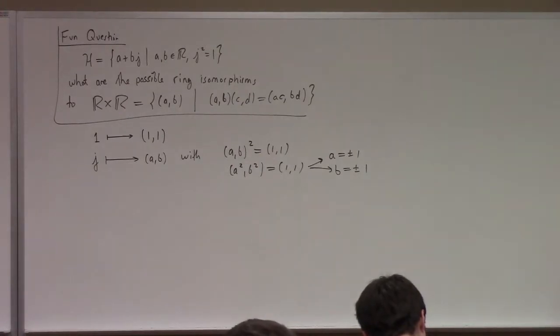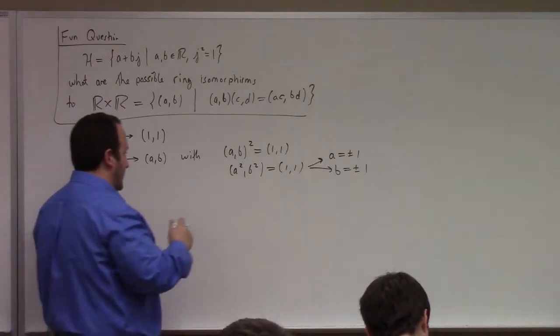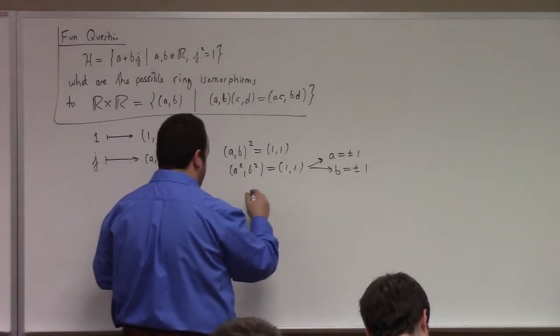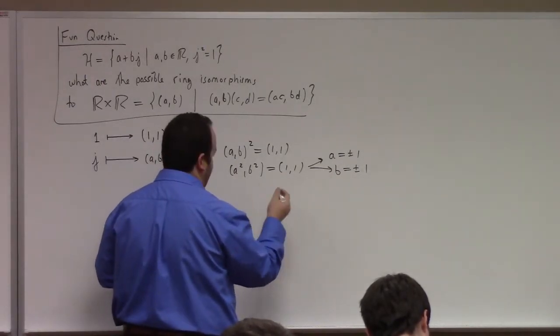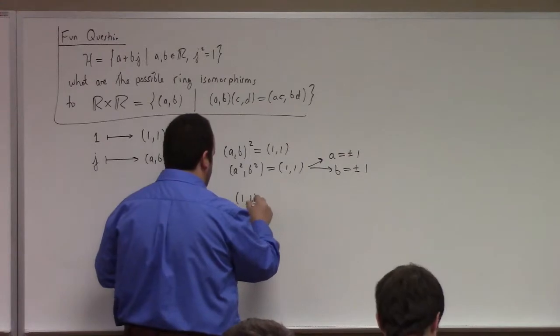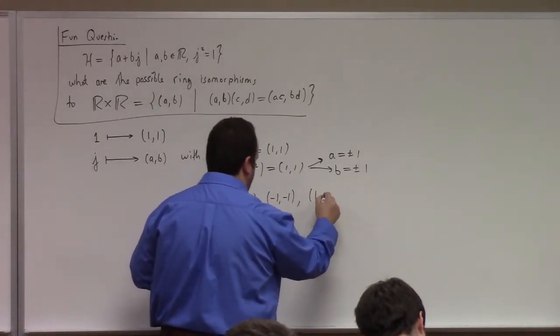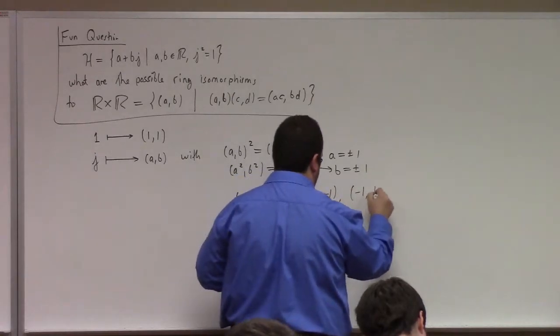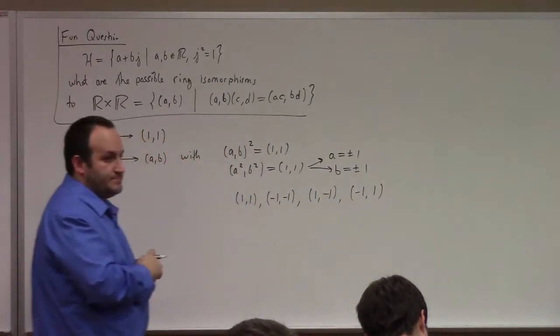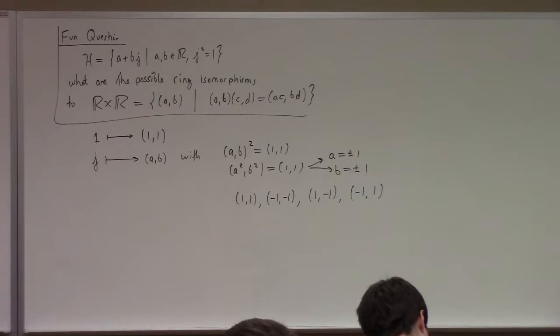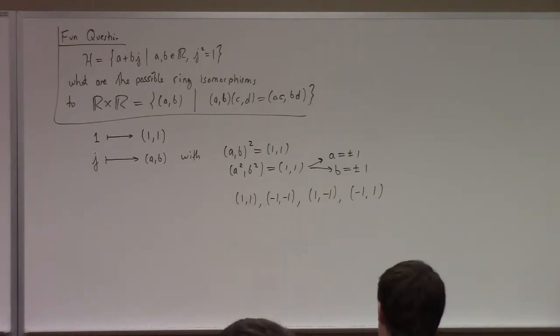So what are the elements in R cross R which have J squared, which are candidates for J in some sense? You've got 1, 1. You've got minus 1, minus 1. You've got 1, minus 1. And, of course, you've got minus 1, 1. But neither of the first two can be J because J is not the identity and J is not minus the identity.